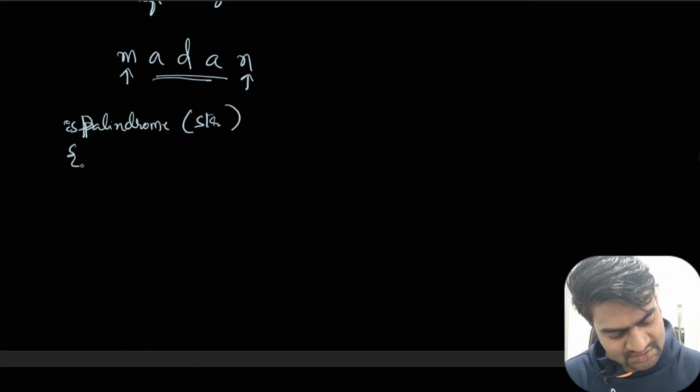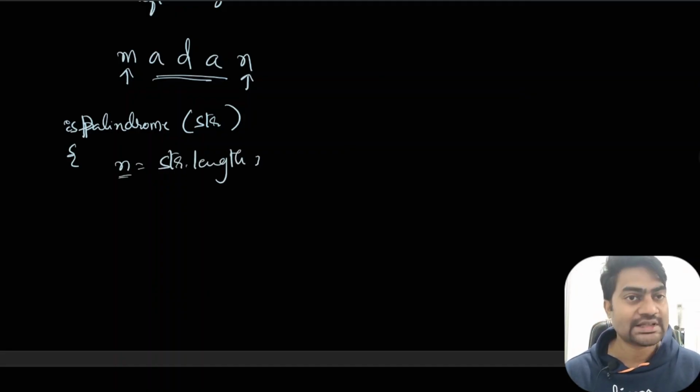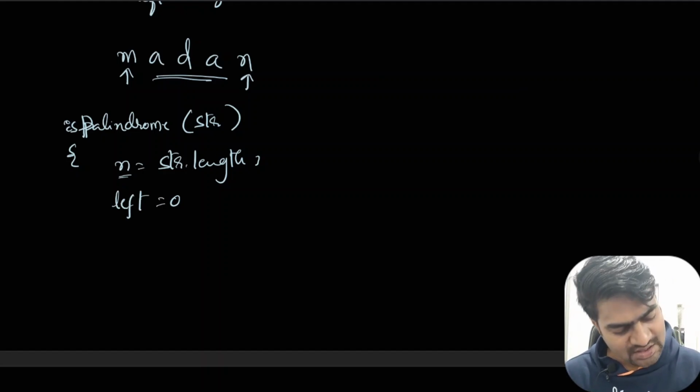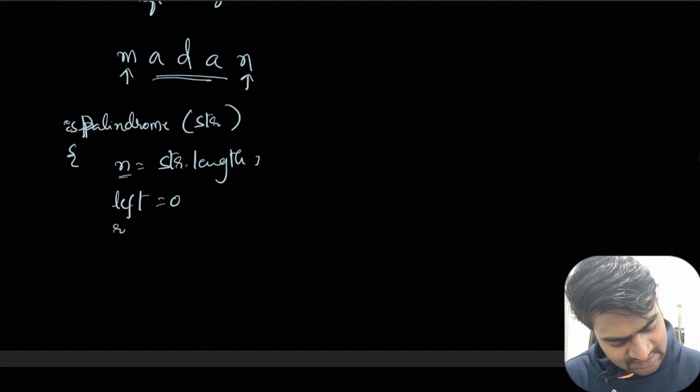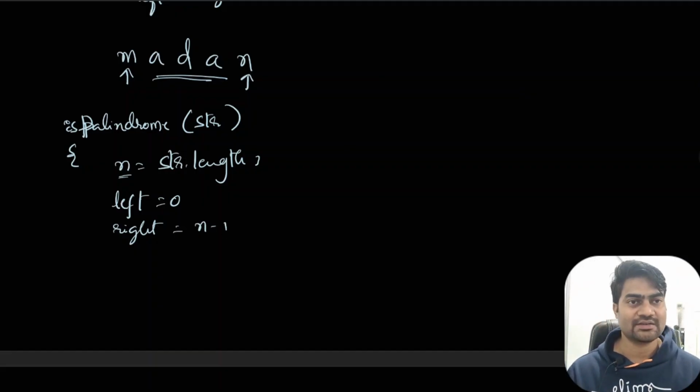Now I will take n equal to str dot length. N gives us the length of the string. Now I will take a left or start pointer equal to 0, then a right pointer equal to n minus 1.